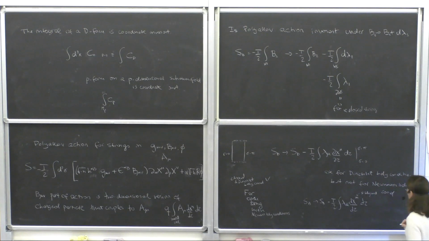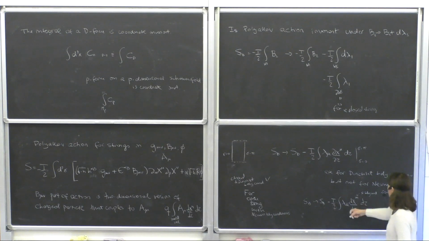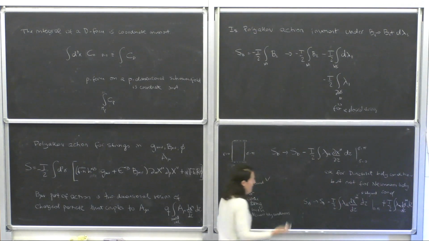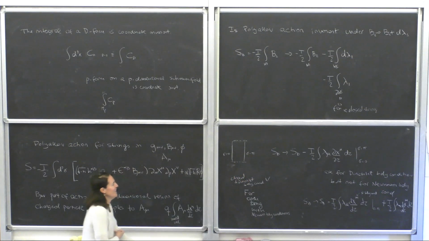Right, those are the only ones that have this derivative non-zero. So this, at sigma equals pi, minus or plus T over 2 integral of lambda_M dx^M d tau. Okay, and now I'm done. This is not zero.